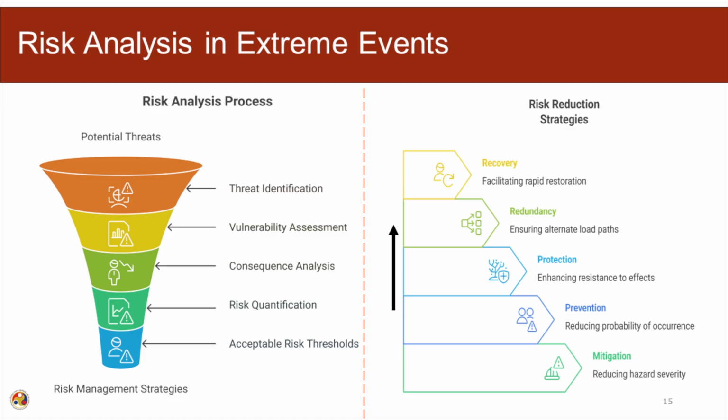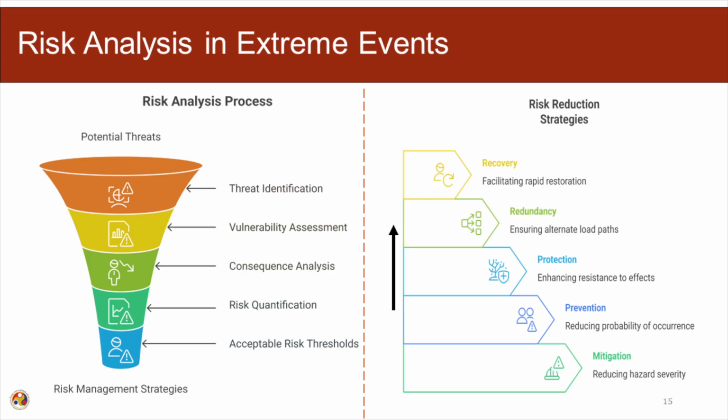Then we need to analyze the consequences, like when this event occurs or when this event is triggered by a third party, then what are the different consequences, how much damage it will be causing. Then we need to quantify the risk that due to this damage, the hampering of our infrastructure facilities, the effect on the whole supply chain, how much it is occurring.